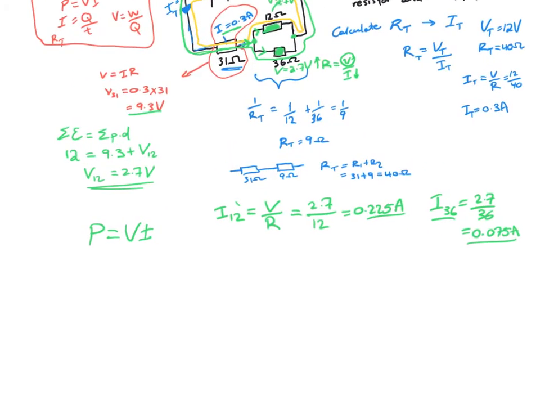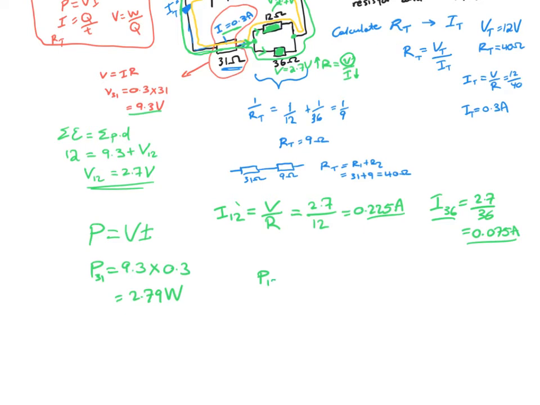So for the 31 ohm resistor, it's going to be 9.3 volts times the current, which is 0.3. So this is for the 31 ohm resistor. Which gives 2.79 watts.